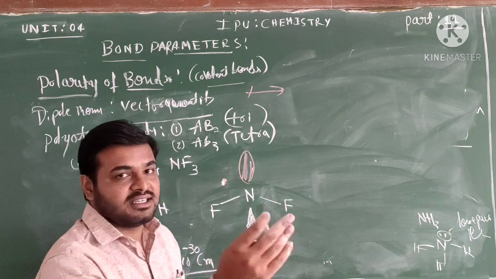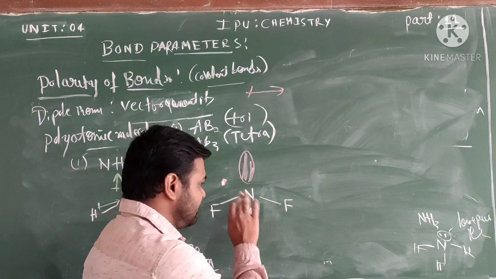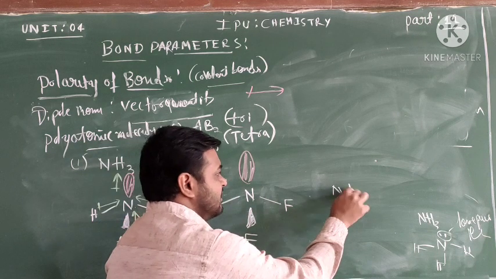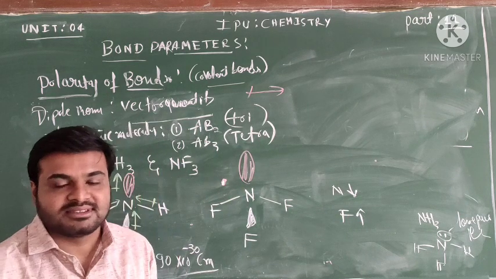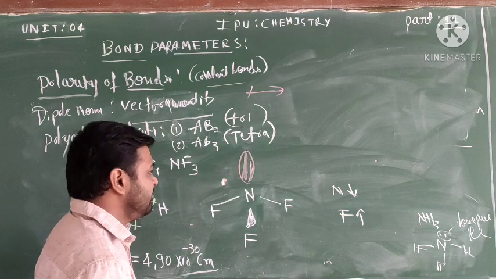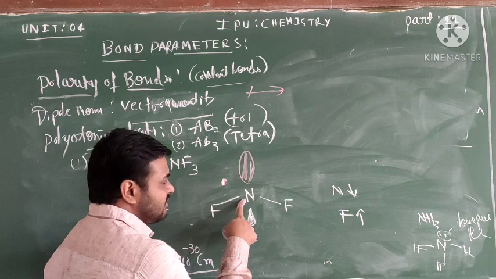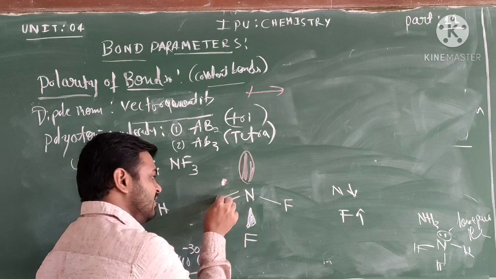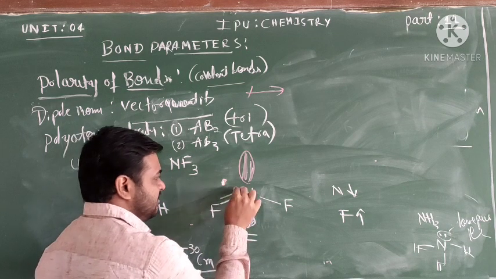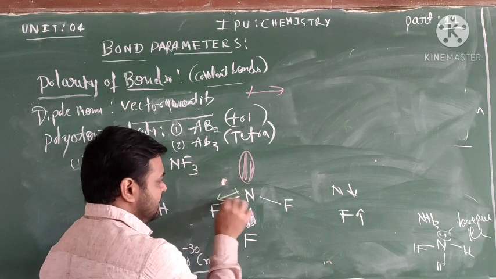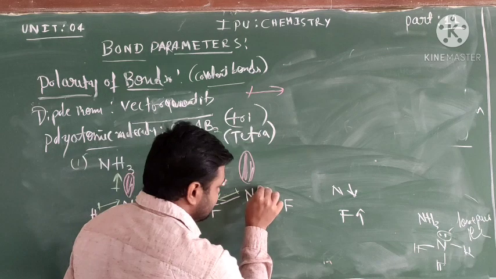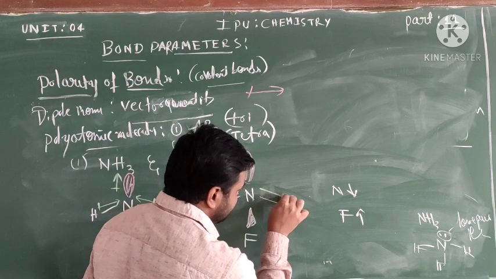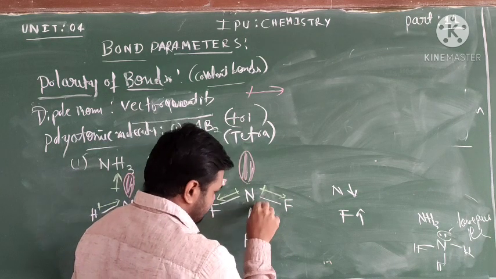Nitrogen is less electronegative and fluorine is more electronegative. So in that type of case, the arrowheads point to the fluorine atoms; nitrogen is moving towards the fluorine atoms.